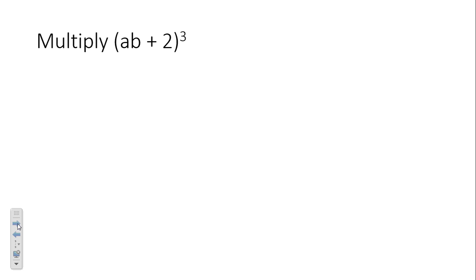What does that mean? AB plus 2 times AB plus 2 times what? AB plus 2. Don't let it trick you. It is not a squared b squared plus, or a cubed b cubed plus 8. Okay, that'll be the first term and the last term, but you'll lose all the middle stuff in between.